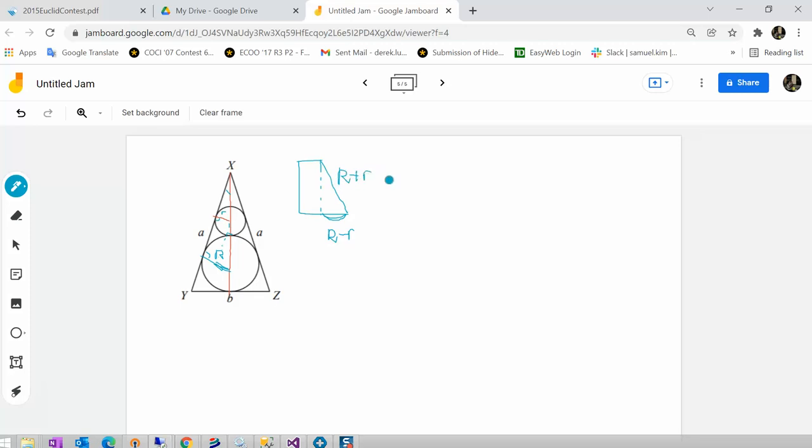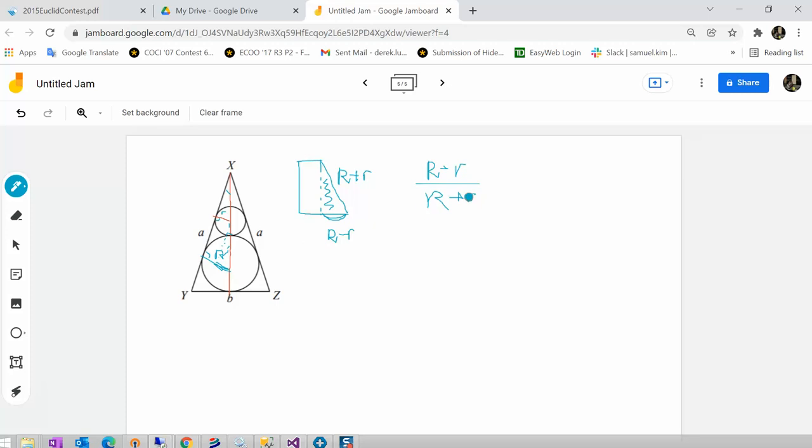Now we have one line equation, say R plus r divided by R minus r, right? Let's reverse it, easy. So R minus r. At the same time, we know the triangle, using that one. If you use similarity, this triangle is actually similar, let's say x, y be similar.